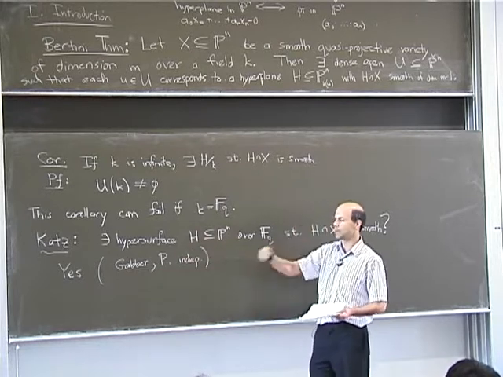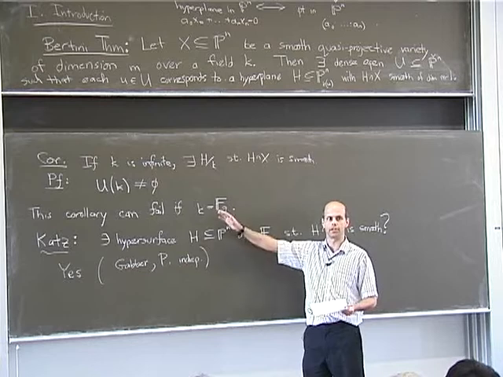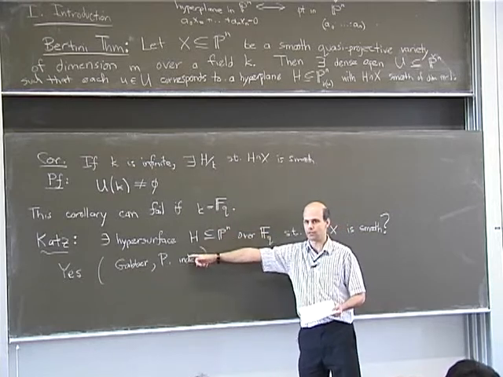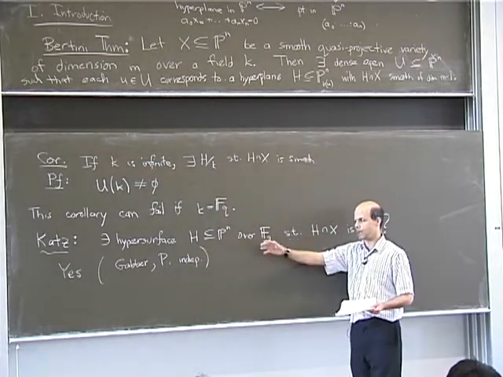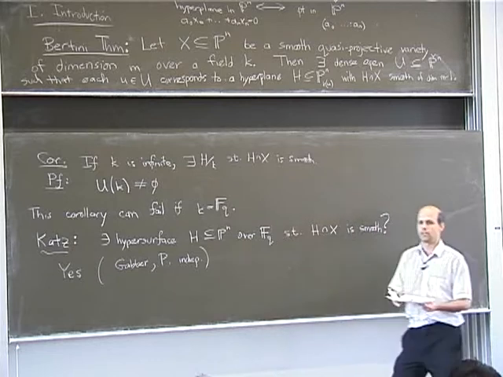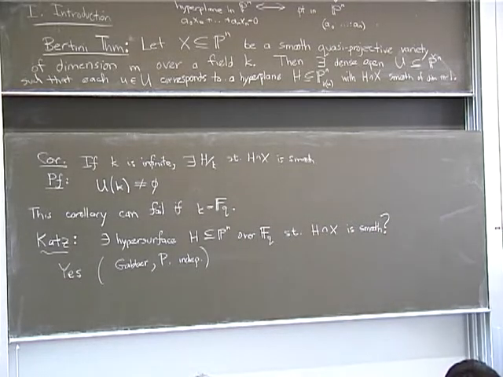And the result I'm about to state will show that for all sufficiently large degrees you will have such a hypersurface. And not only that, but I'll also get a positive fraction, asymptotically as the degree goes to infinity. Okay, so let me state this result.